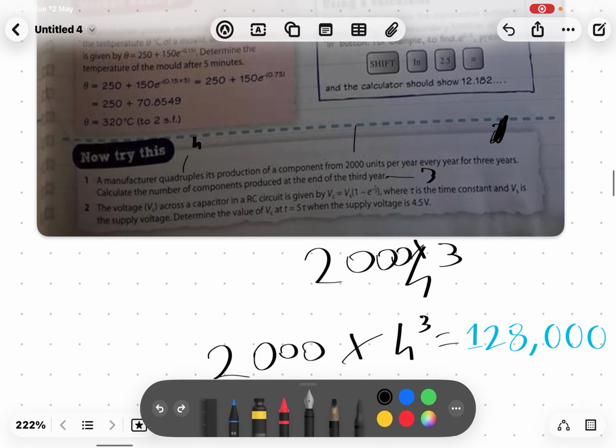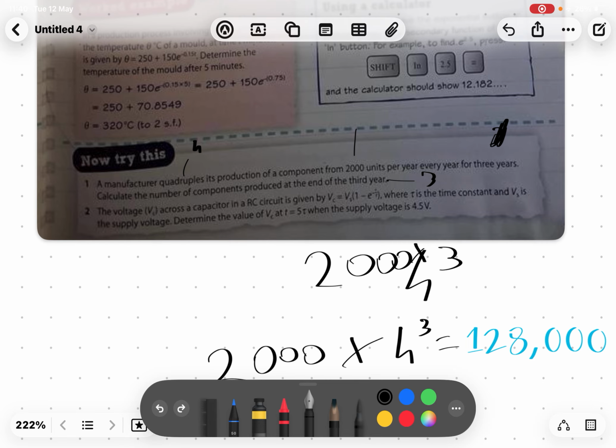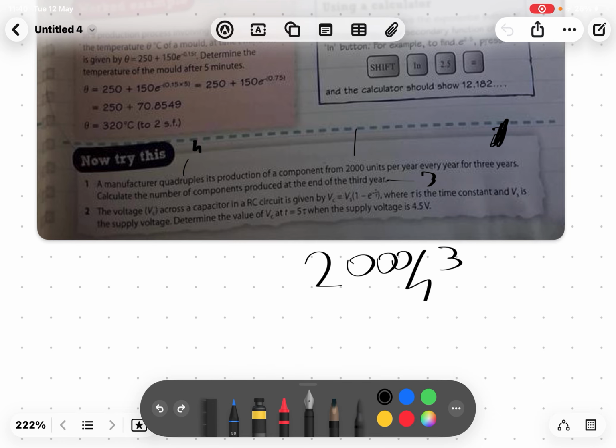And now this one is a bit harder, basically. However, I'll try to explain it. Let me just get rid of all of this. The voltage V_C across a capacitor in an RC circuit is given by this, where T is the time constant and V is the supply voltage.